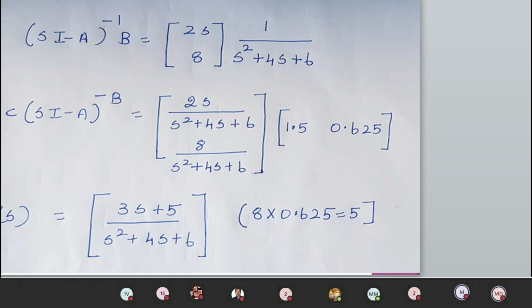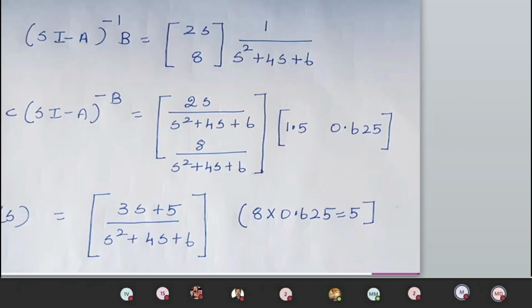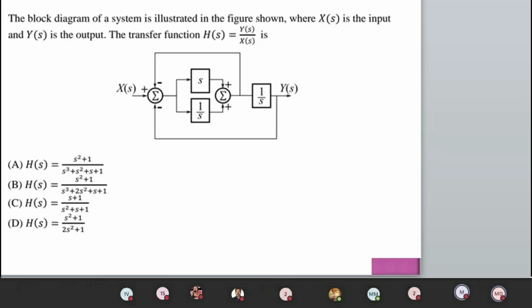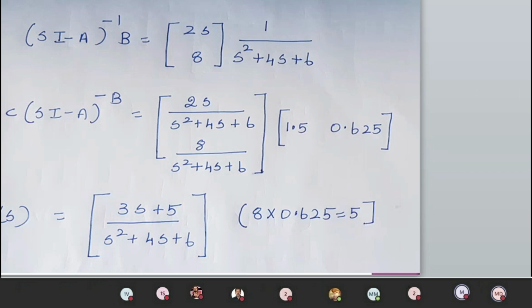What is the transfer function? C into sI minus A inverse B. Okay. So first let us find sI minus A inverse B. Okay, we have to use the previous steps, and we found it to be 2s by 8 into B, which is nothing but 1.5.